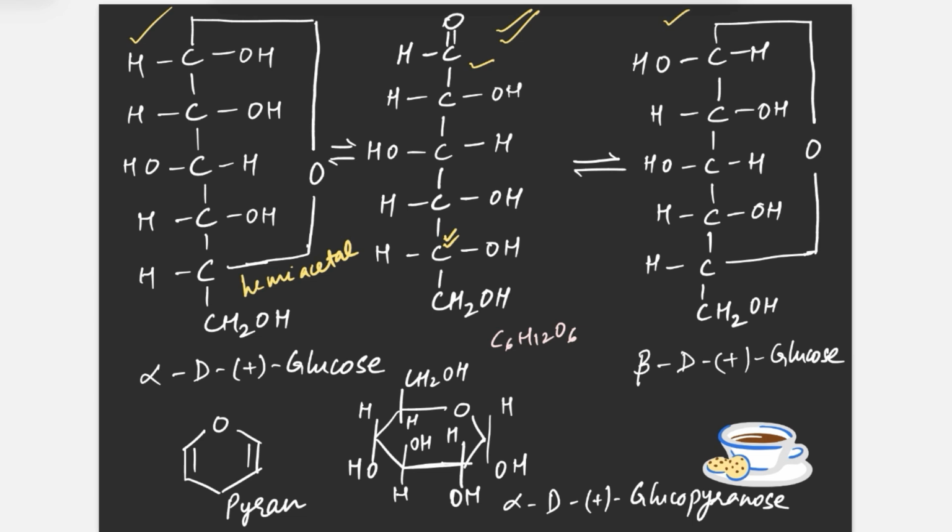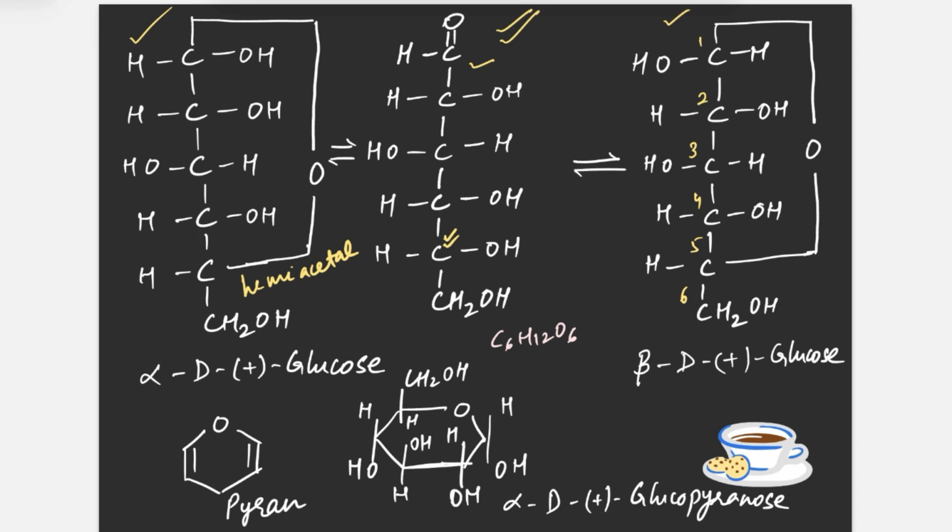The numbering can be done as 1, 2, 3, 4, 5, 6. ठीक है, तो यहाँ पे 6 कार्बन है, कार्बन नंबर 1 to 5 are part of the ring और ऑक्सीजन is the 6th atom which is present in the ring. तो ये total 6-membered ring बन गई.